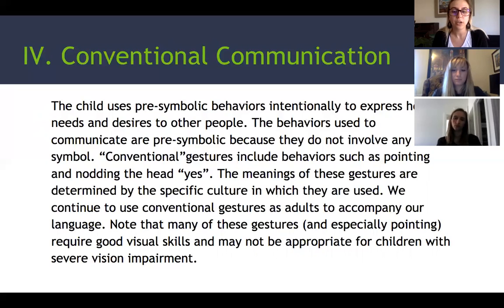Pointing is a really important one. This is when the child starts pointing to gain attention or acquire an object. They start nodding their head yes and no. They're not using words at this point, and they're not using sign language or any other symbolic language, so this is still pre-symbolic. They're just using gestures at this point.